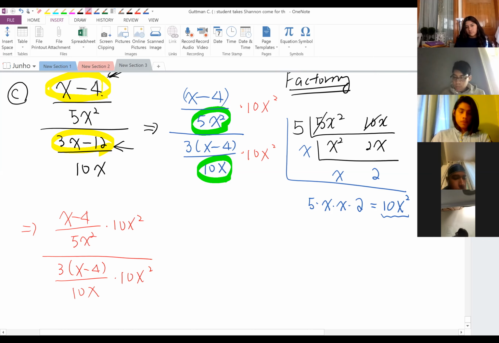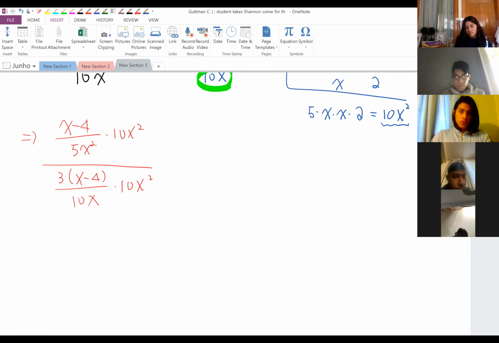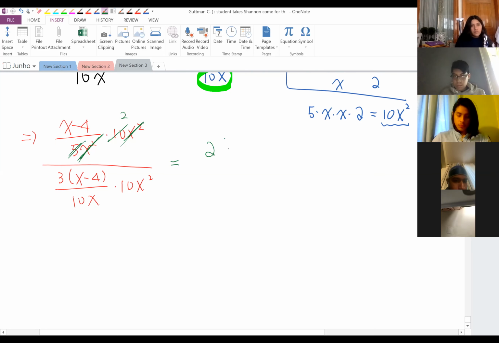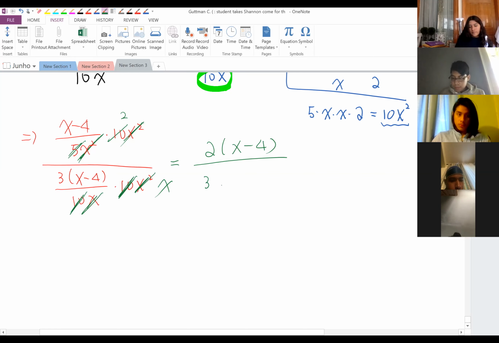Okay, so let's simplify together. So in this case, I see x squared is gone, and 5 and 10, it becomes 2. So the numerator becomes 2 times x minus 4, and denominator 10, and then x and x squared, so this becomes x. So I can say this becomes 3x times x minus 4.